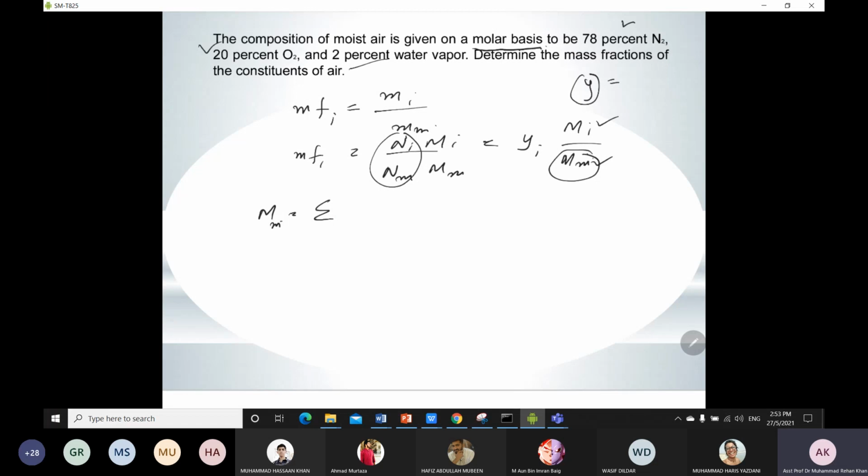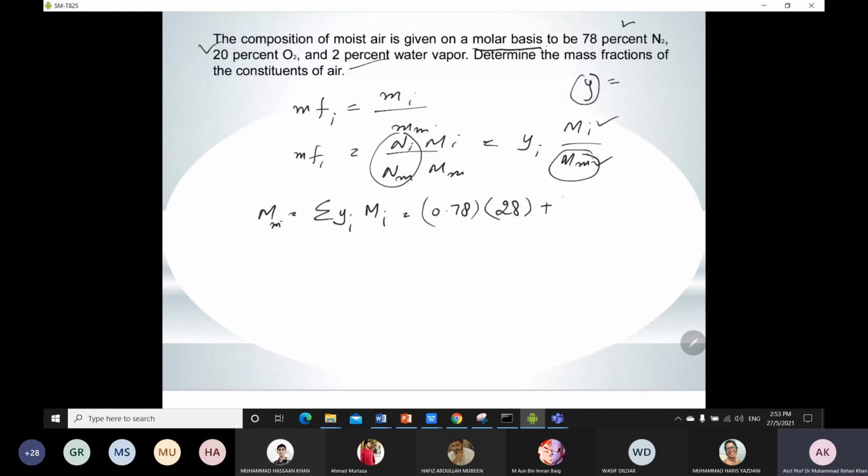So, the summation of yi times mi. We multiply 0.78, the mole fraction of N2, by the molar mass of N2, which is 28.